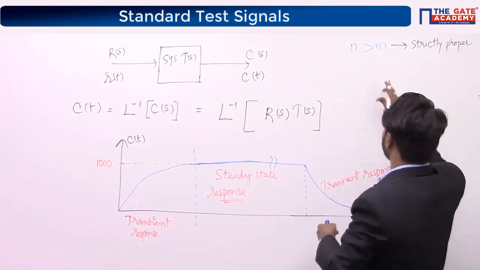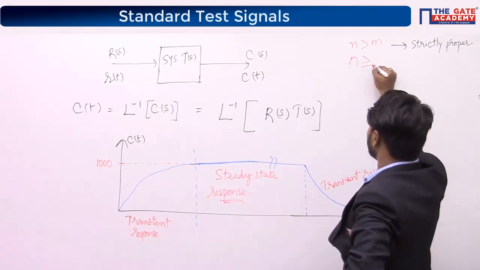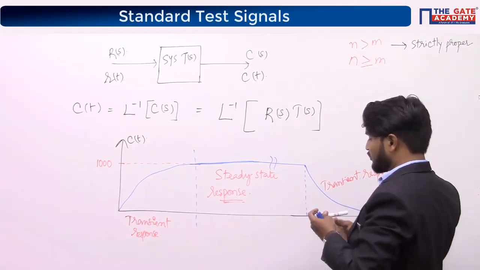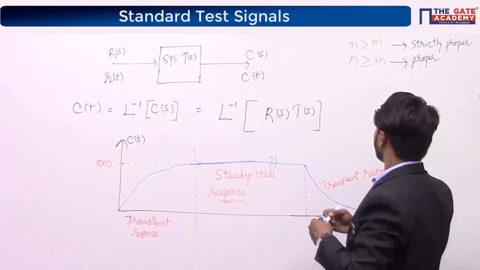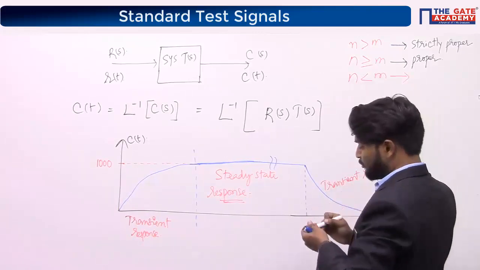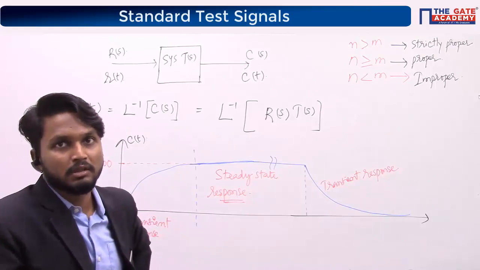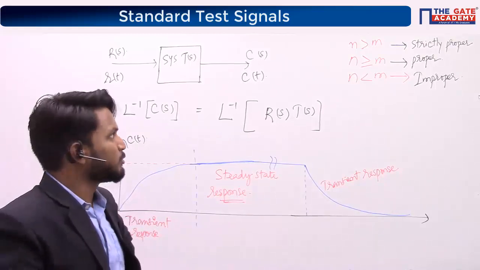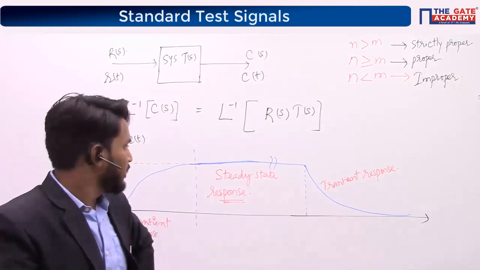If n is greater than or equal to m, then you can call it proper. If n is less than m, then it is improper. The number of poles must be greater than the number of zeros for a system to be strictly proper.